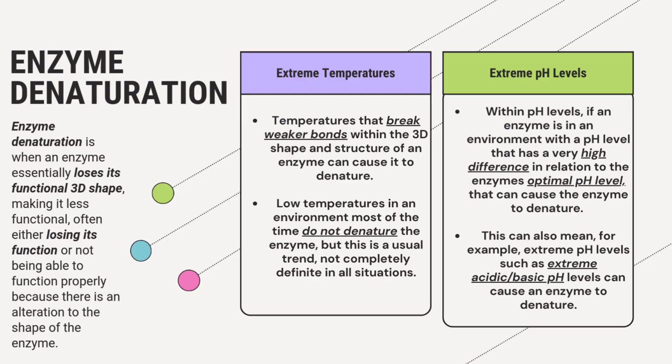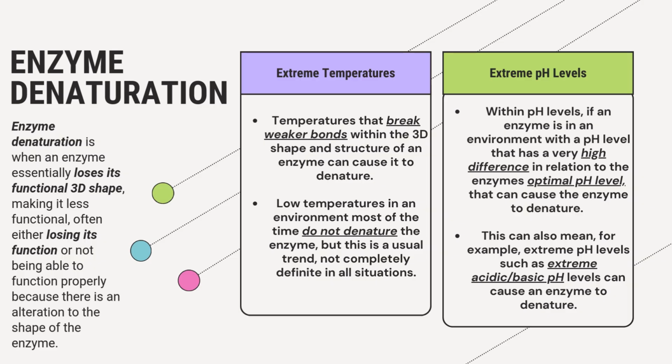One factor is extreme temperatures, right? Temperatures that break weaker bonds within the 3D shape and structure of an enzyme can cause it to denature. Low temperatures in an environment most of the time do not denature the enzyme, but this is a usual trend, and we can't call it completely definite in all situations.